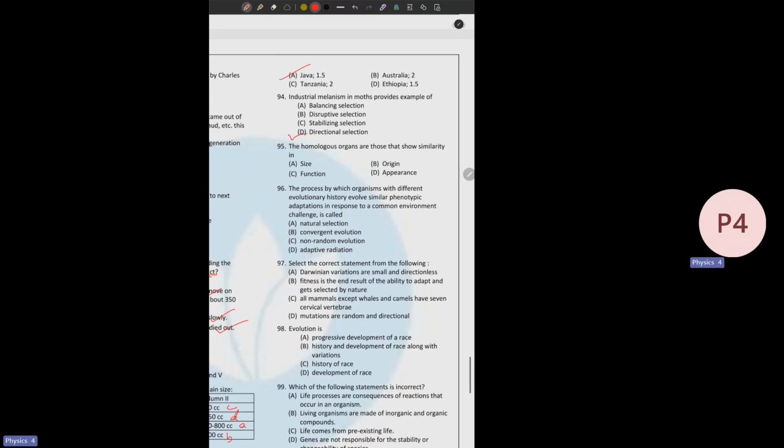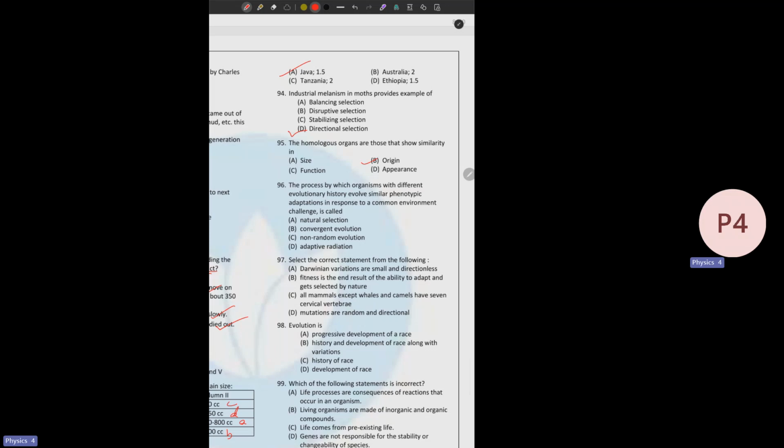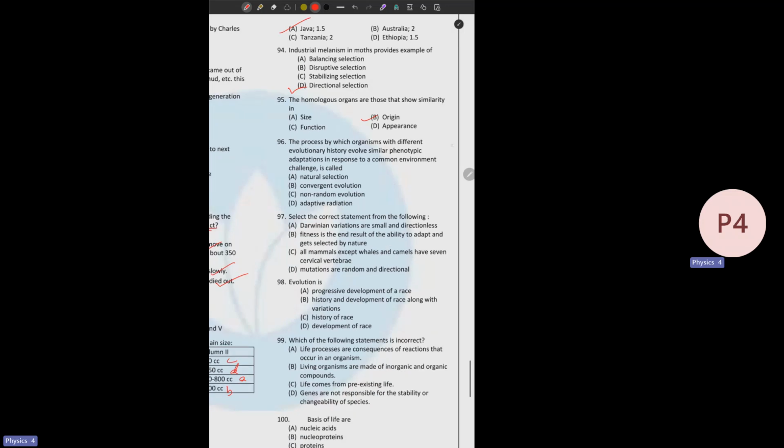The homologous organs are those that show similarity in origin. The process by which organisms with different evolutionary history evolved similar phenotypic adaptations in response to a common environmental challenge is called convergent evolution.